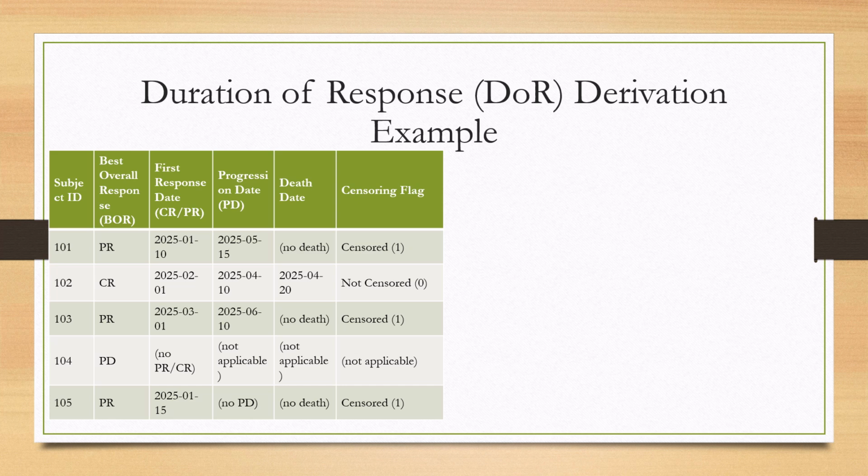So for DOR calculation, we will consider the first response date, that is the 1st of February 2025, and the progression date, that is the 10th of April 2025, which is 68 days. Subject 102 has progression on 10th of April 2025, so the duration is calculated based on this date and not based on the death, because progression happened before death.